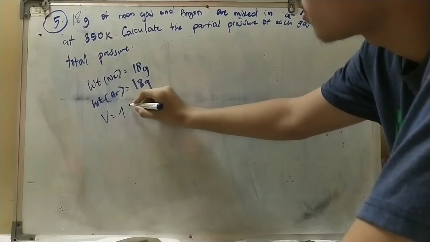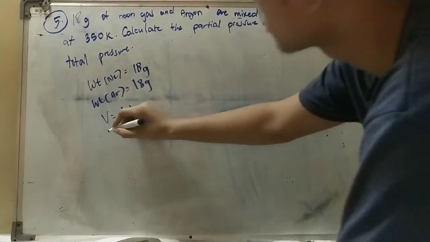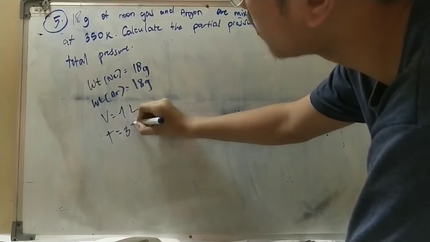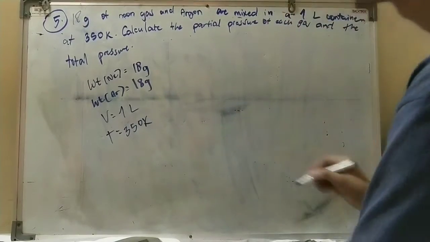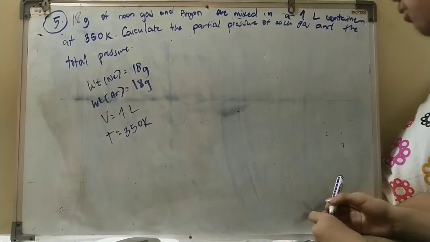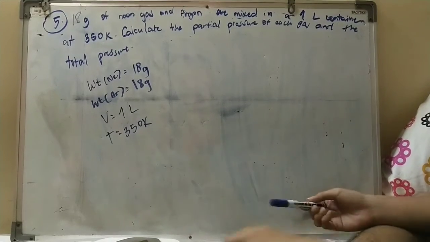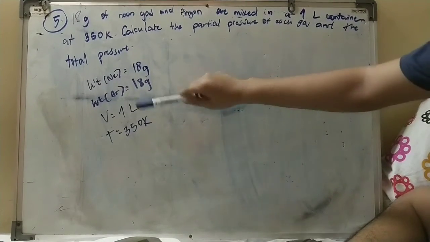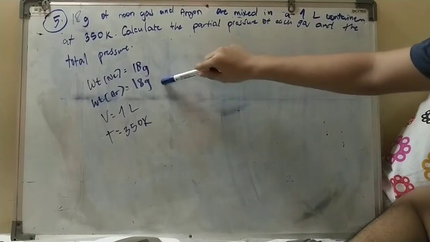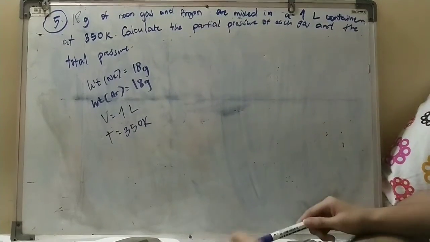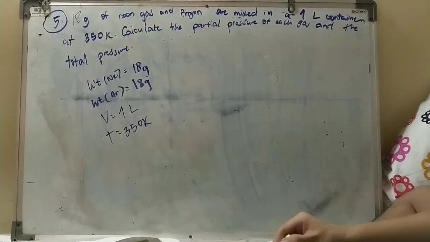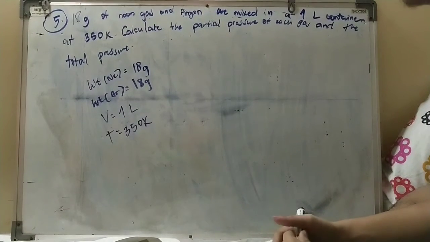And I see the temperature as 350 Kelvin. Now, why are we using the third formula? This is because we can see in the given values that we're going to use volume, temperature, and moles. But this is the weight, and we need to convert it to moles.